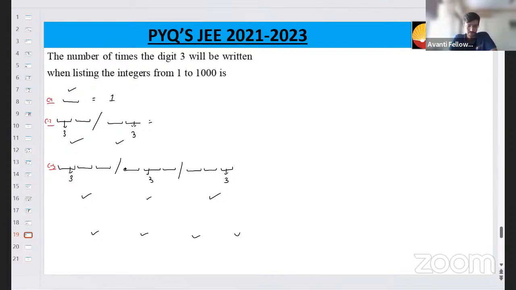If I actually try to count by making cases, it will be very lengthy, but it is a perfect way to solve, right? I think you should try that after the lecture, the same cases we have done, case 1, case 2, case 3. But there is a better way, which is faster. Faster meaning the answer will come in 2 seconds. But before that, let me discuss one thing with you.